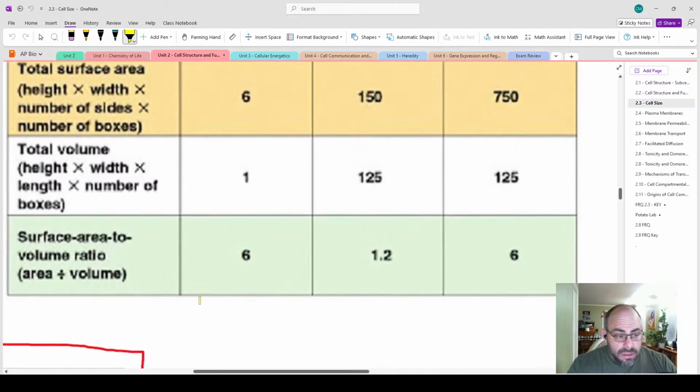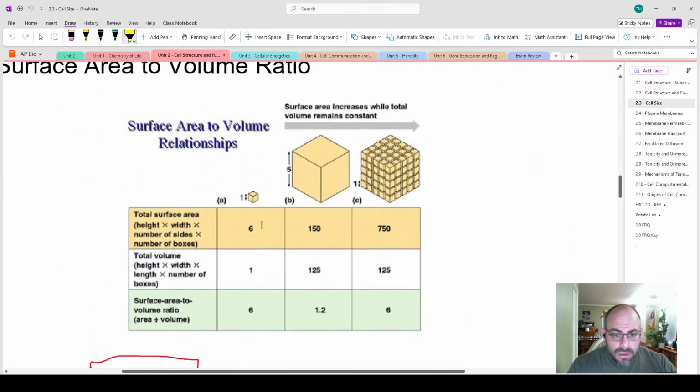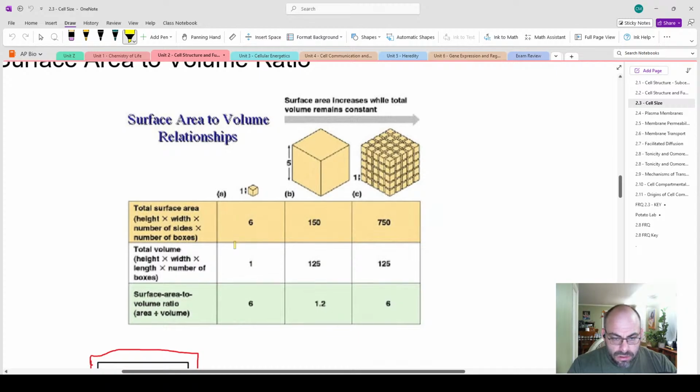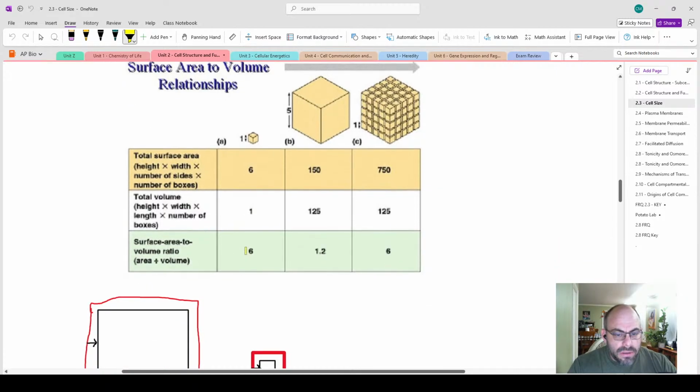And it's literally just a comparison. If I were to ask you which cell, A or B, is more efficient, you could just look at this number and tell A is more efficient. Now, the way the questions are going to be worded, it'll be some sort of sorcery. It'll be like, which of these is least efficient?